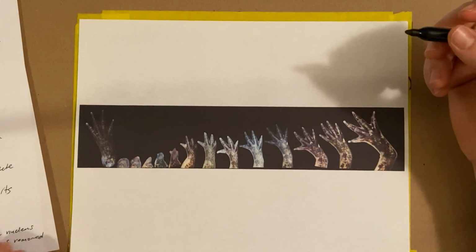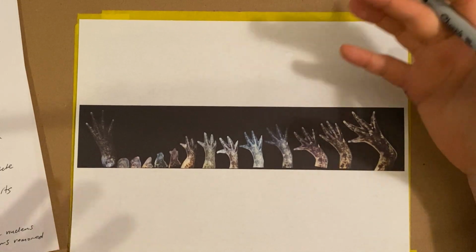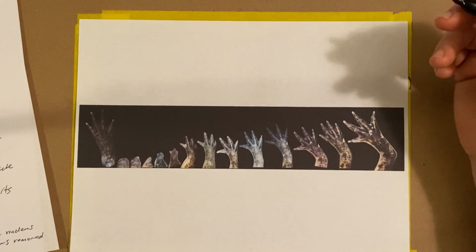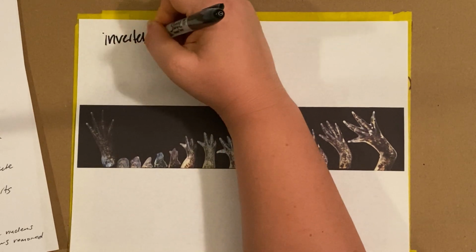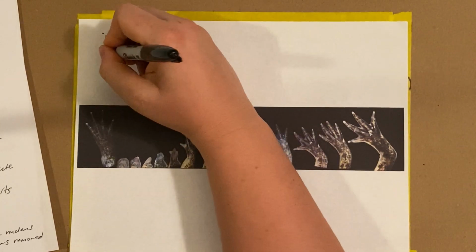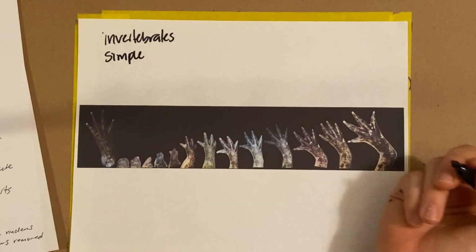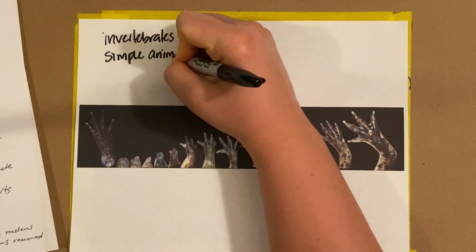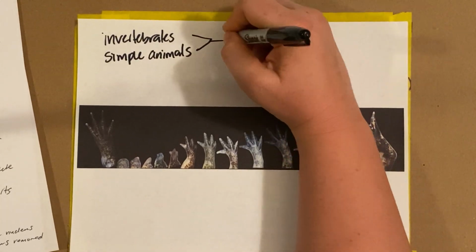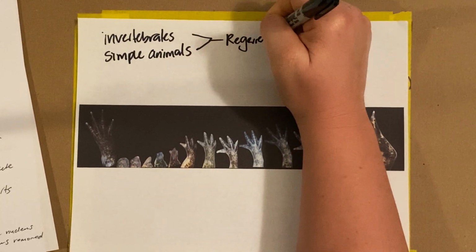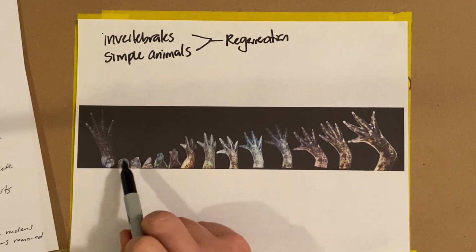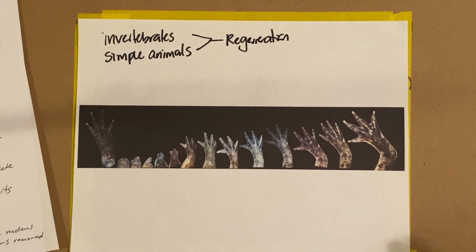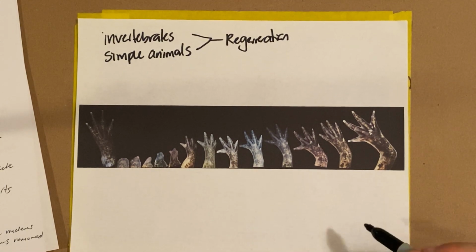But this idea of being able to regrow lost body parts is very intriguing to humans. This happens in lots of invertebrates, less complex organisms than us, and some simple animals. Lizards can grow a new tail. So these are capable of regeneration. Within the cells present on this limb, they have the potential to produce new limb bones, new skin, new tendons, new muscles.